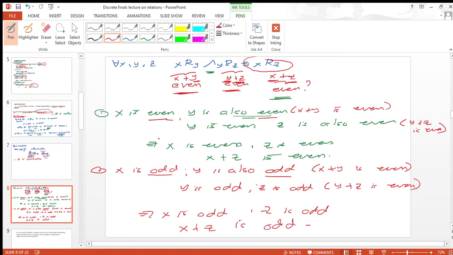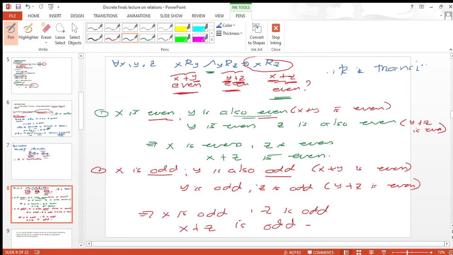So after looking at all the possible cases here, we have seen that the relation was satisfied, or the transitive property was satisfied. Therefore, R is transitive.